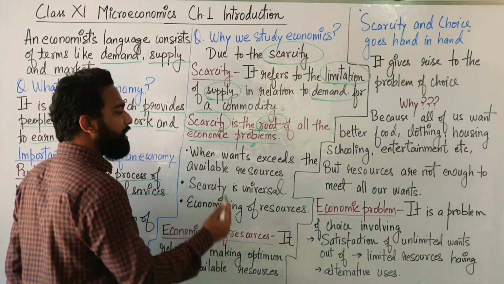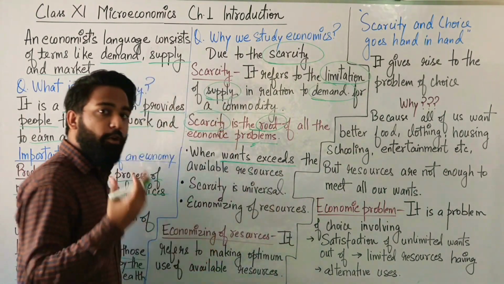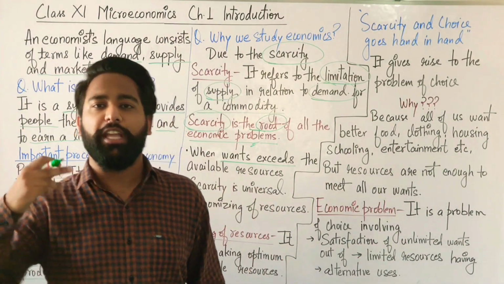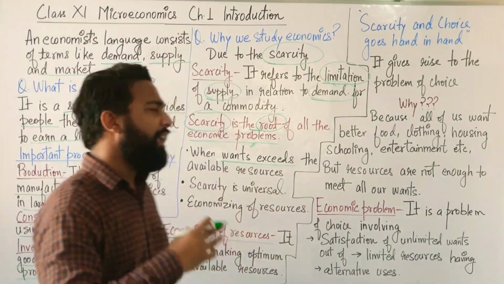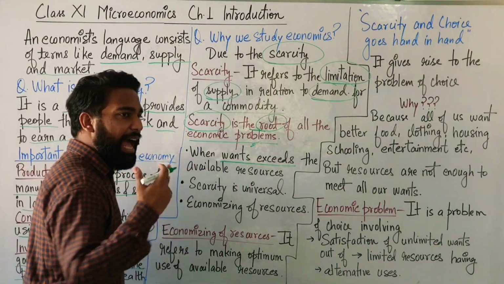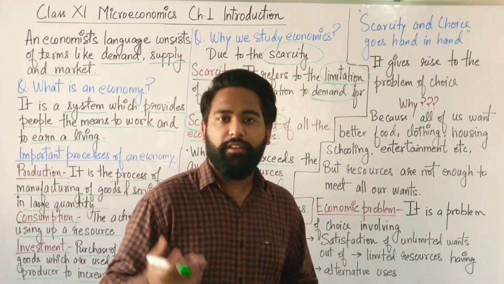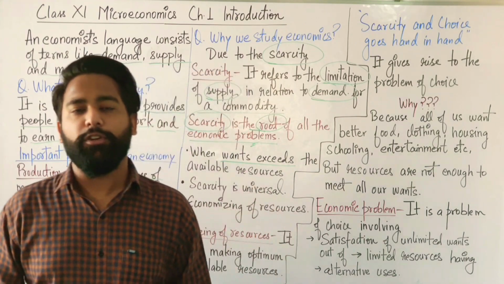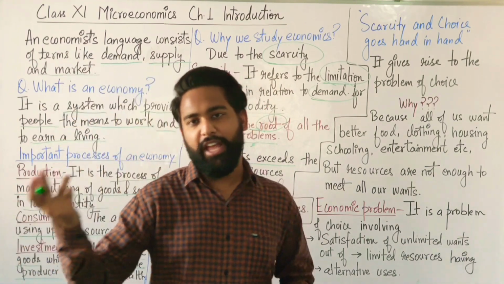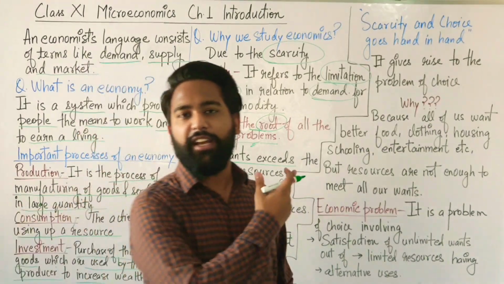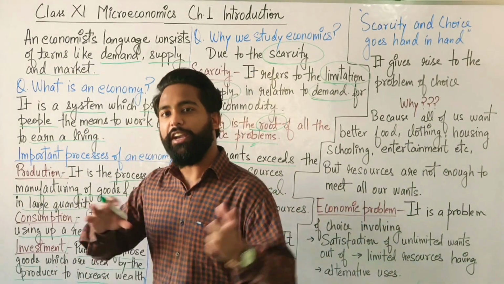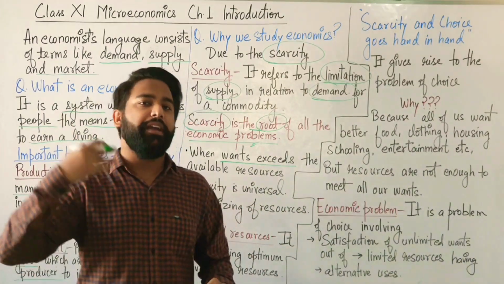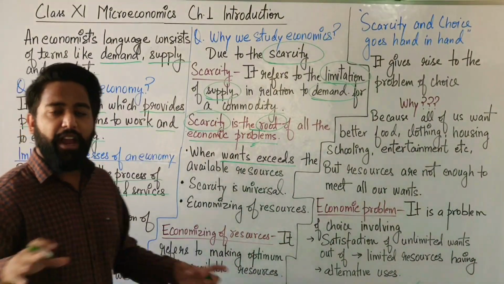When your wants exceed, whatever you are liking, you want a mobile phone, you want a television, an air conditioner, a refrigerator, anything. Suppose you want a mobile phone. After getting the mobile phone, you want a laptop. After having a laptop, you want a Netflix connection. After the Netflix connection, you want an internet pack. So your wants are increasing day by day, and there is no end to it.